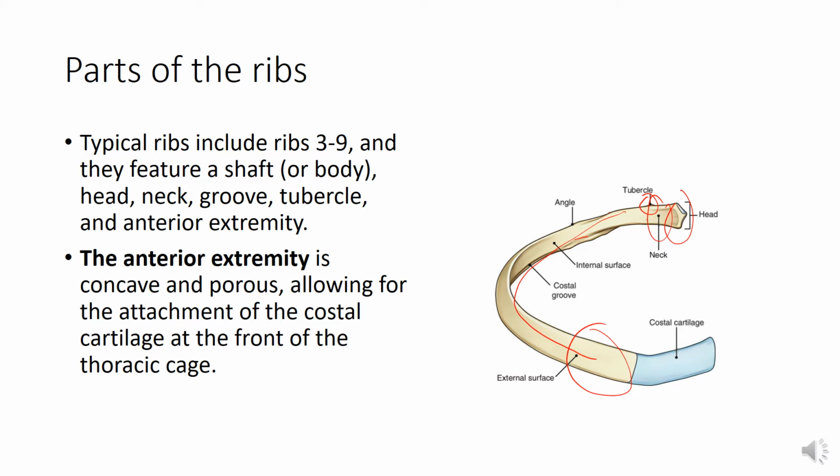The anterior extremity is concave and porous, allowing for attachment of the costal cartilage at the front of the thoracic cage. So here you can see the costal cartilage is attached to the anterior extremity.